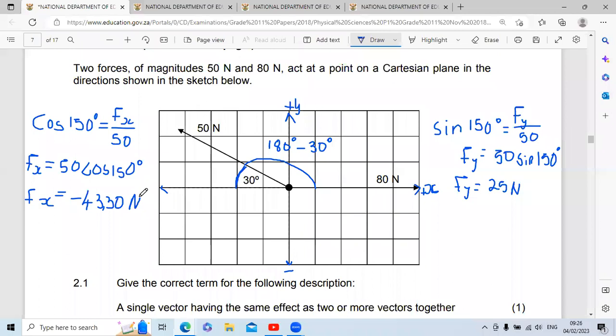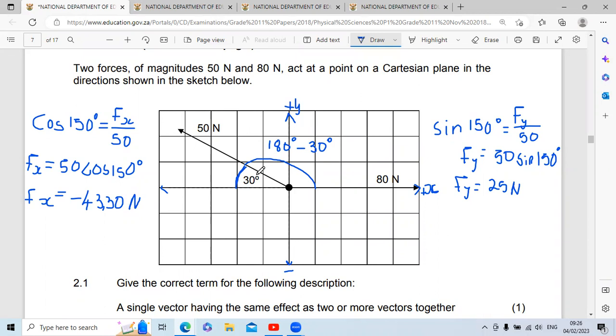Kyle, when you were calculating, did you use this angle or did you use this angle? I used the 30 degrees. Okay. So you can use the 30 degrees if you're confident about your directions.